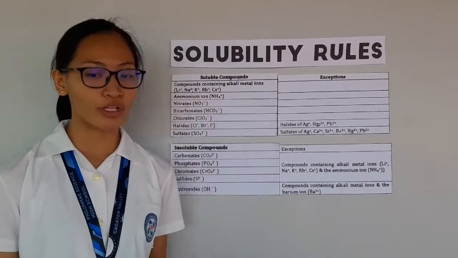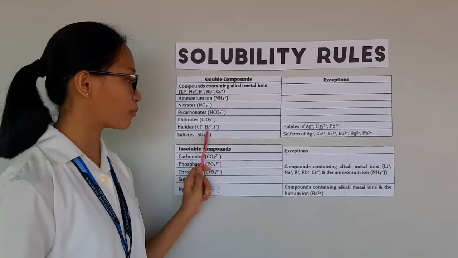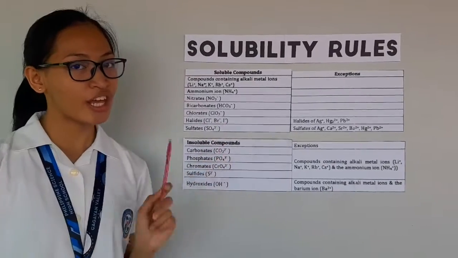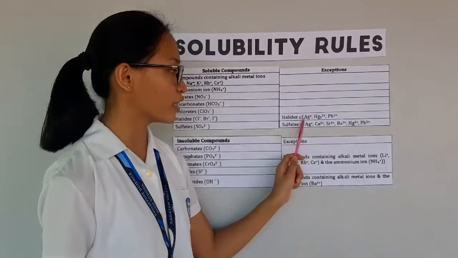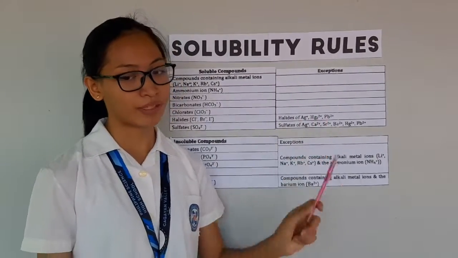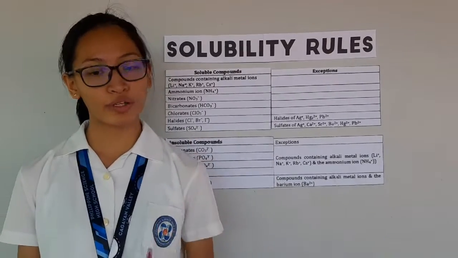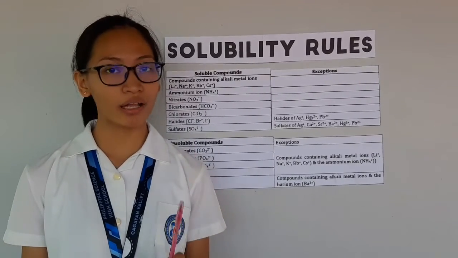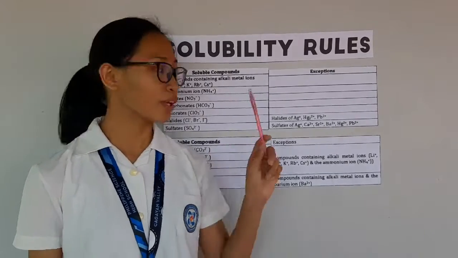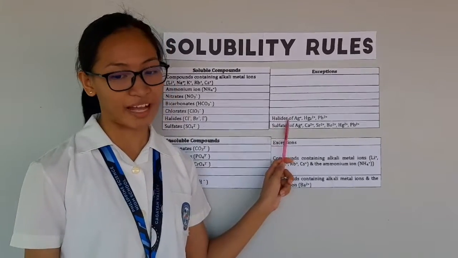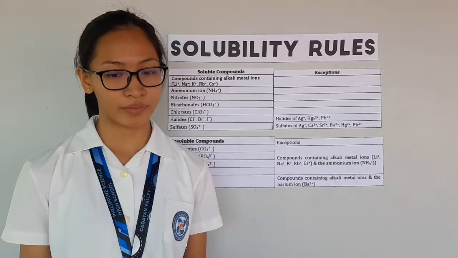Now, when we move on to the halogens, namely chlorine, bromine, and iodine, they are typically soluble with the exception of silver, mercury, and lead. So, whenever we see silver, mercury, or lead attached to a halogen, that makes it insoluble. But if these metals are not attached to a halogen, then we know it would be soluble.